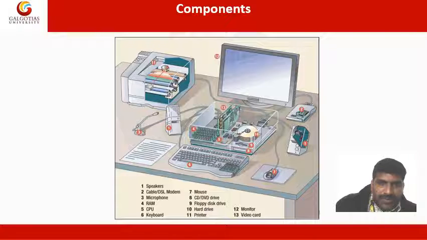Then CPU, when we talk about the CPU, the total cabinet we call a CPU. Then keyboard, this is the keyboard. Then seventh one is the mouse, which is also an input device. Then eighth one is a CD drive. Then ninth one is a floppy drive, and tenth is the hard disk drive.